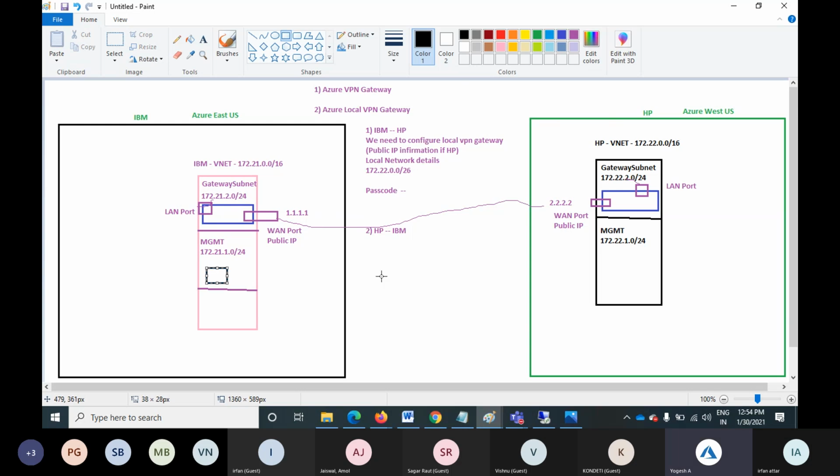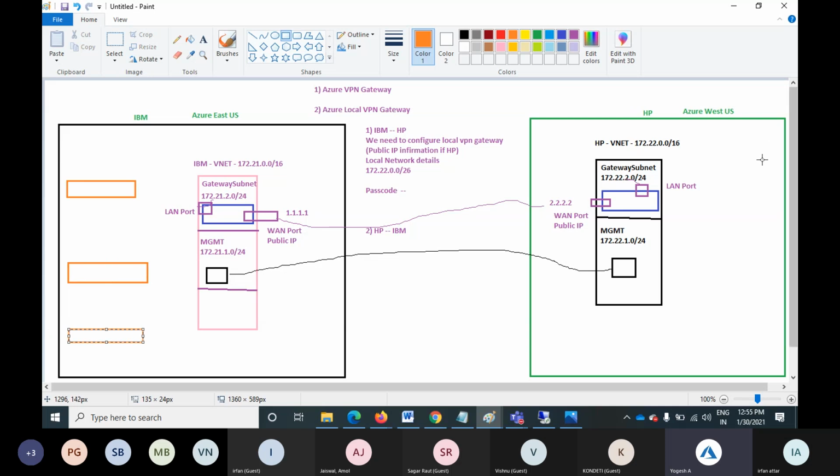So this is my TS server. This is my TS server. Then it should communicate. If you have a backend infrastructure, let's say this is a VNet, this is a VNet, this is a VNet. This is the production VNet, this is the test VNet, this is the QA VNet.